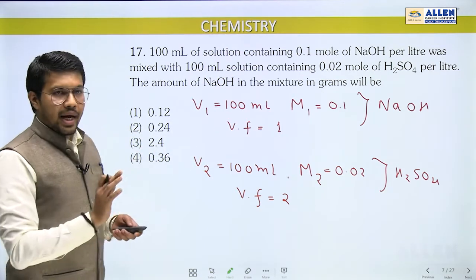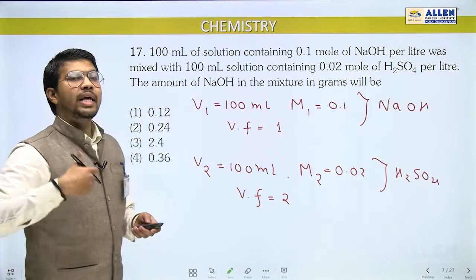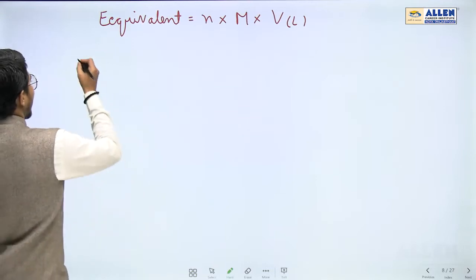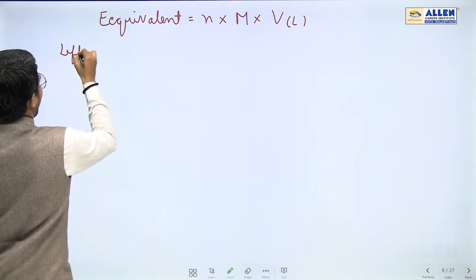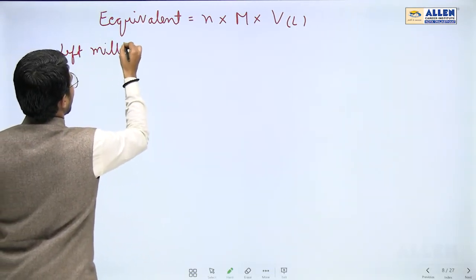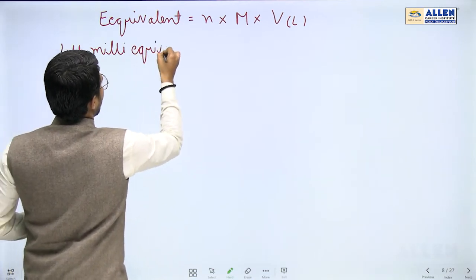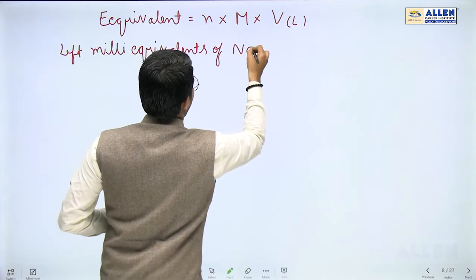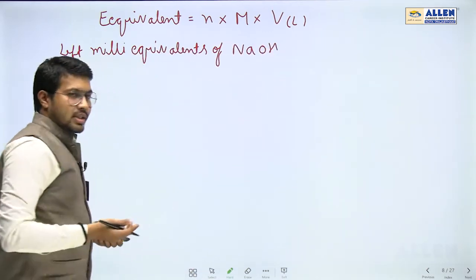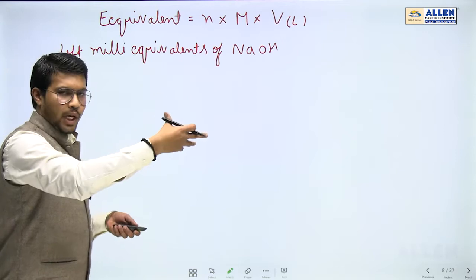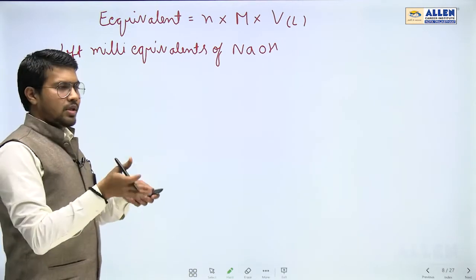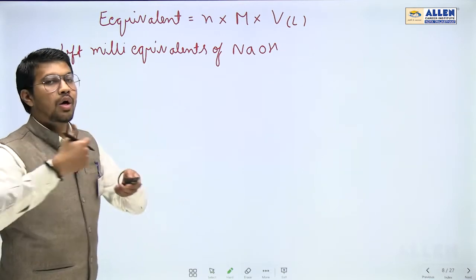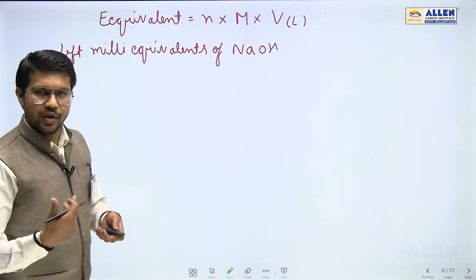So we'll calculate the left milliequivalents of NaOH. Okay, we'll do this by subtracting the milliequivalents of H2SO4 from the milliequivalents of NaOH.